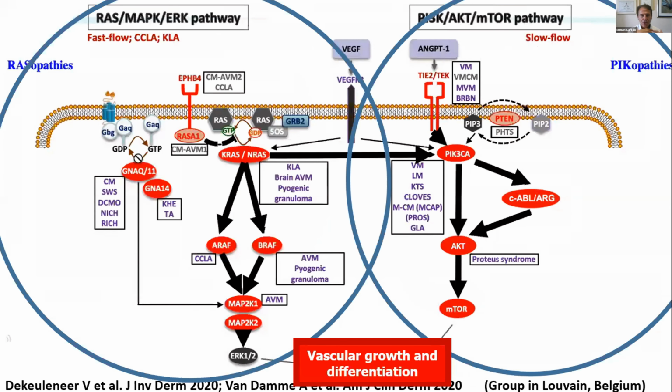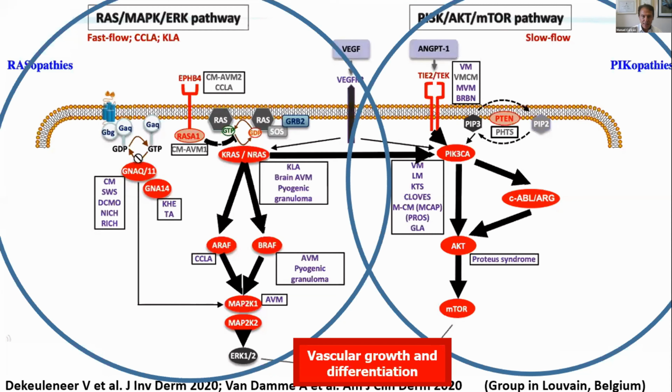Now, in order to understand the genetics of vascular malformations, we have to think about the various genes that are involved. And shown here are various genes in those red circles. So for example, you see over here KRAS and NRAS and ARAF and BRAF and PIK3CA, etc. These are all different genes that we think, and many scientists, and this comes from a group in Belgium, think are involved in the development of vascular anomalies.